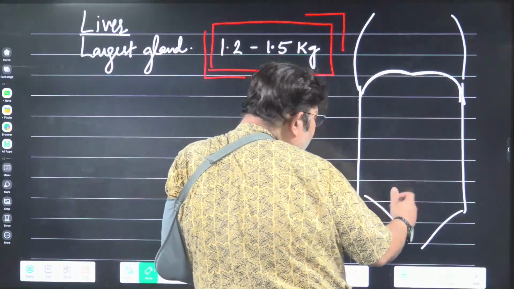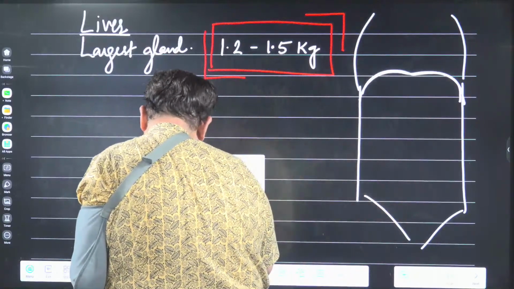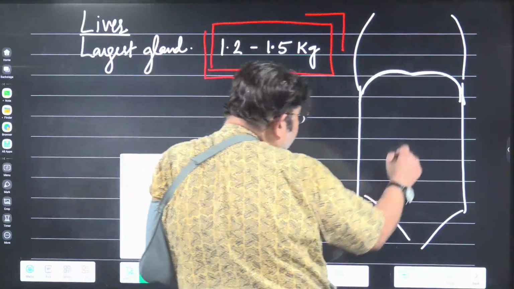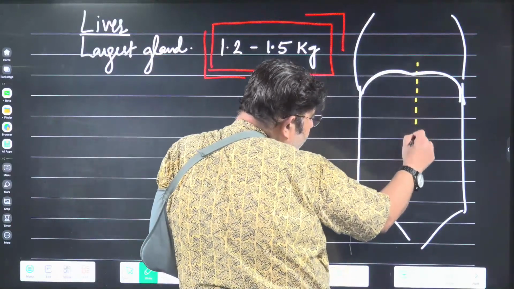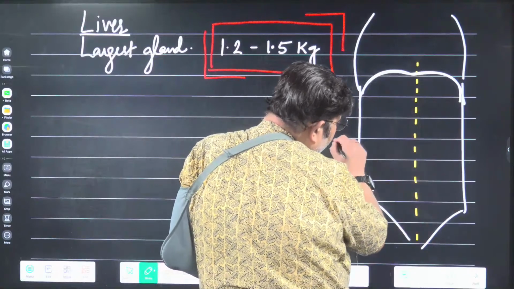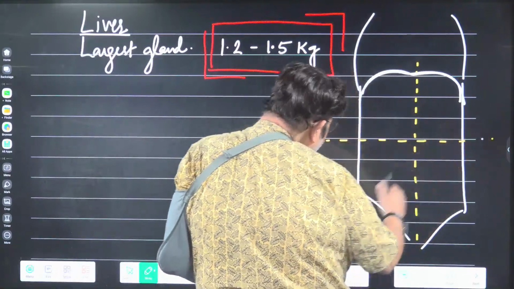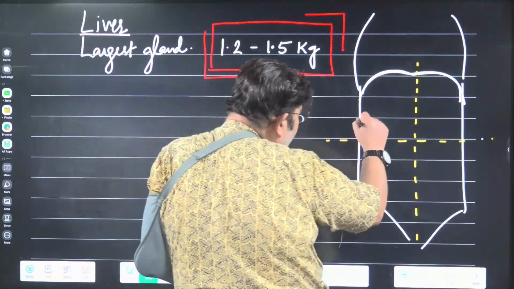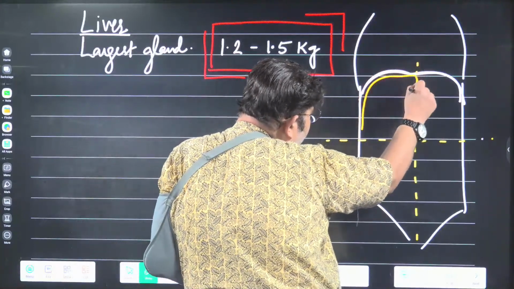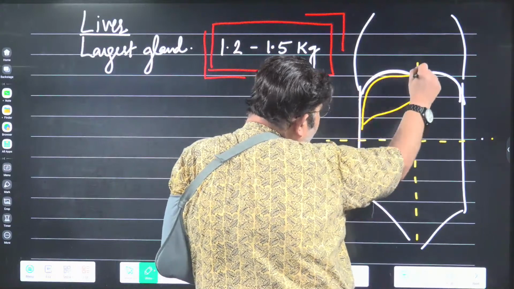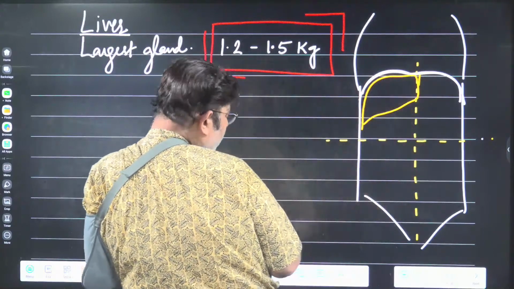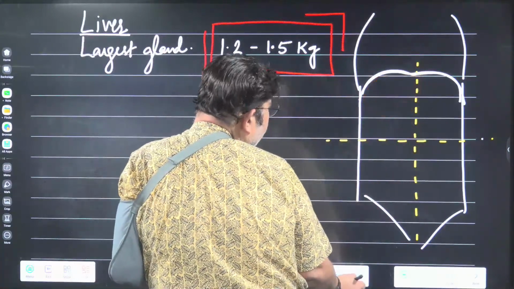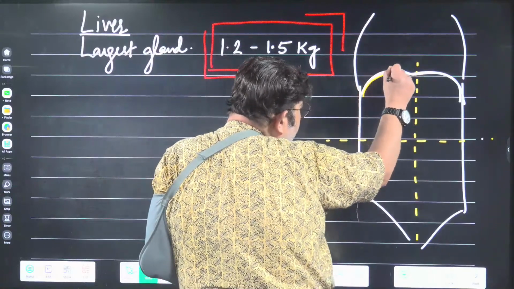The liver will be found in the upper right quadrant. Here is the right lobe of the liver. Okay, so here is the liver.